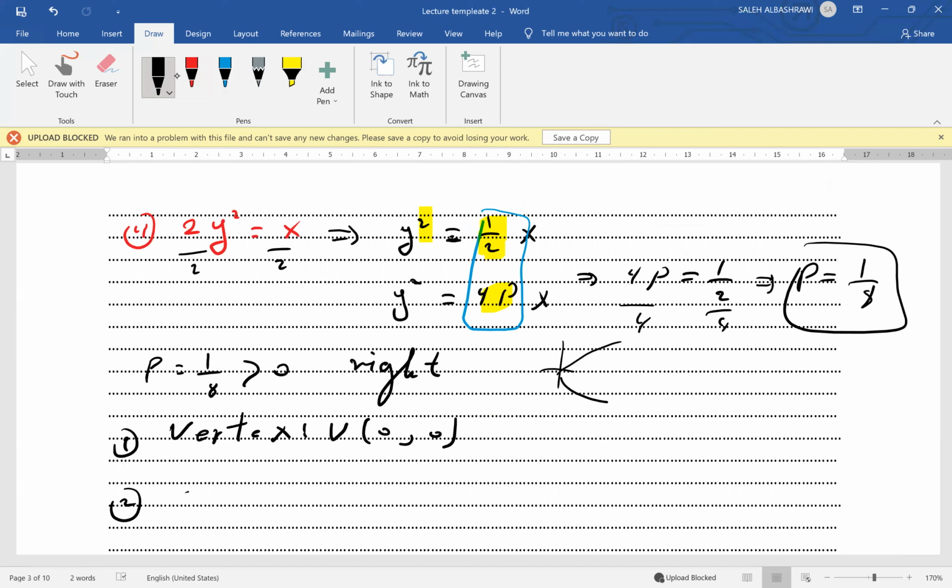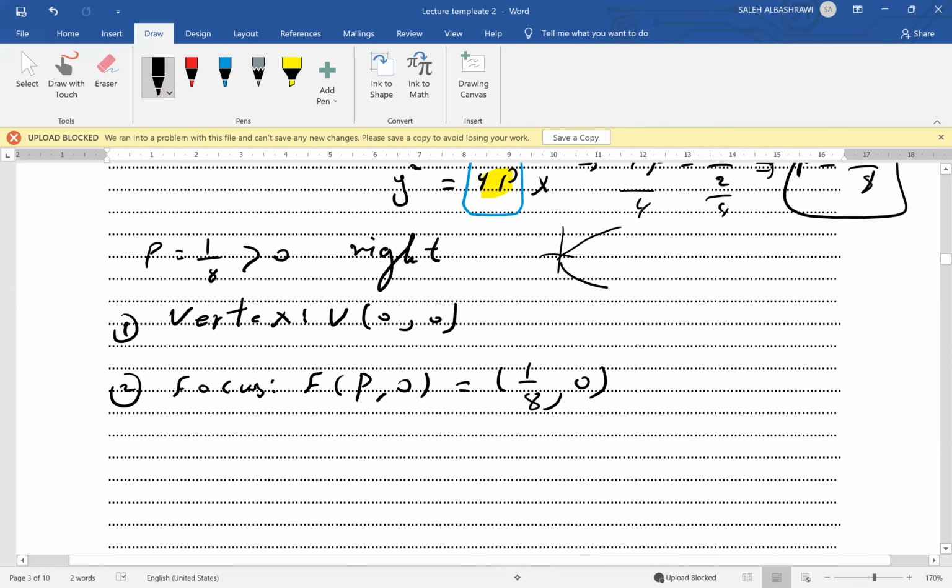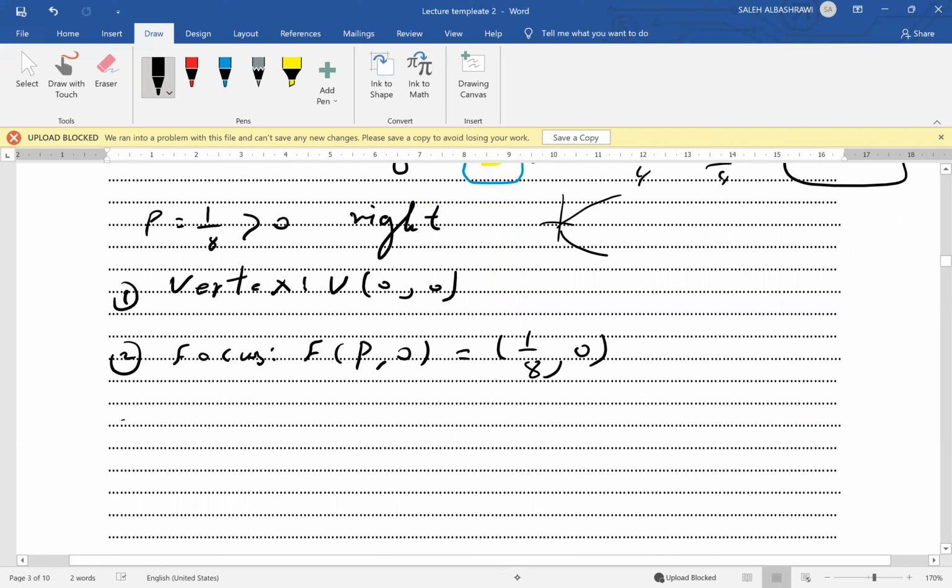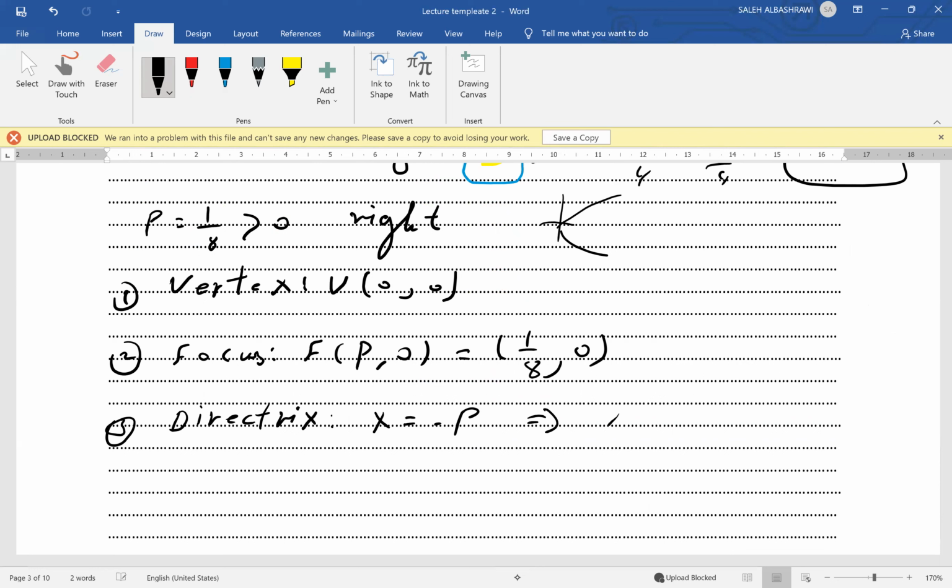Now the focus point F is given by p and 0, which is equal to 1 over 8 and 0. Number 3, we need to find the directrix. That will be x equal to minus p, which is x equal to minus 1 over 8.